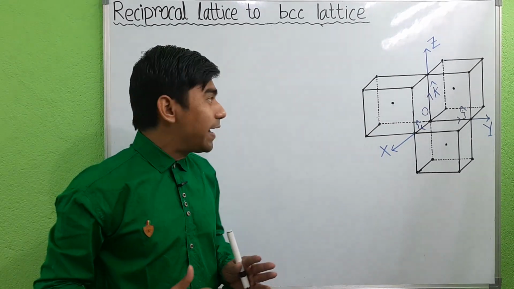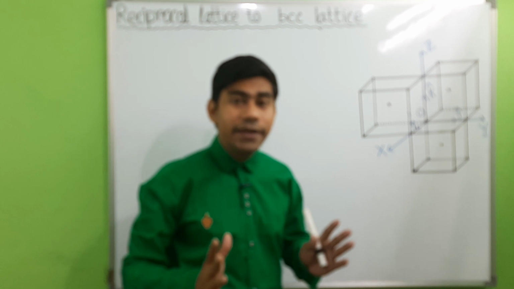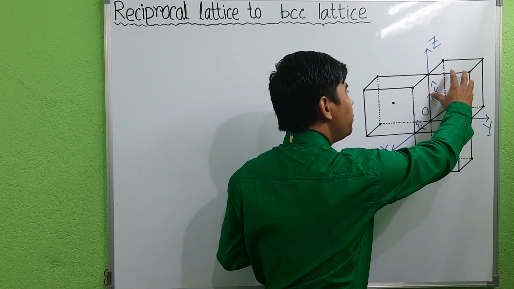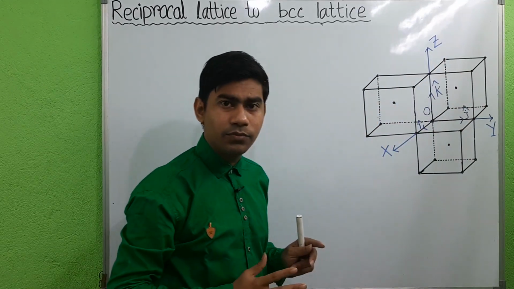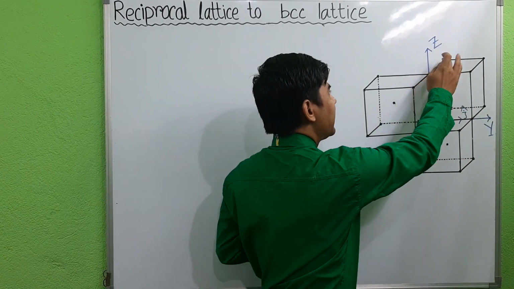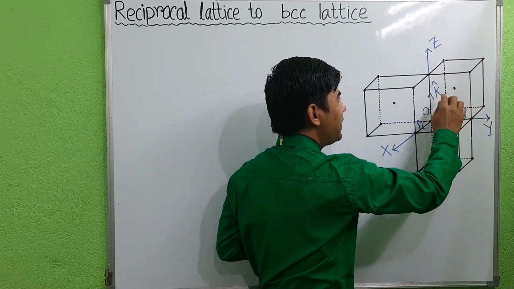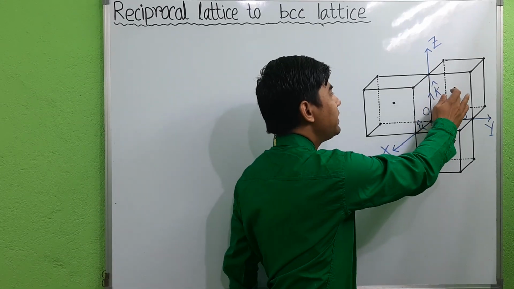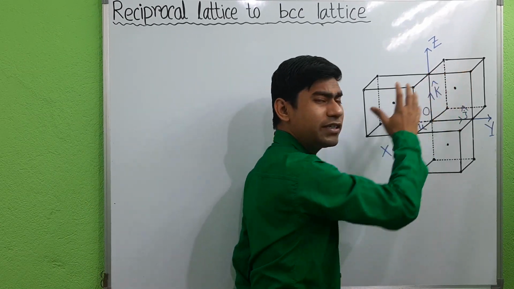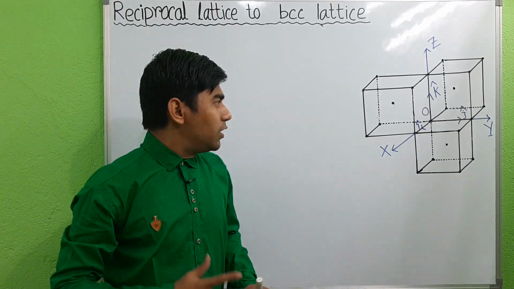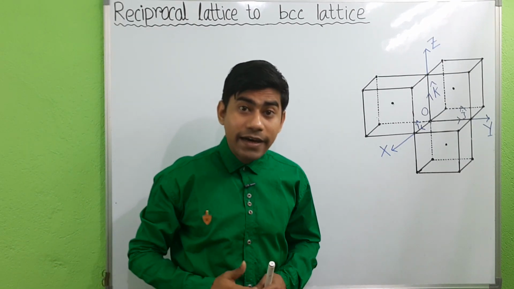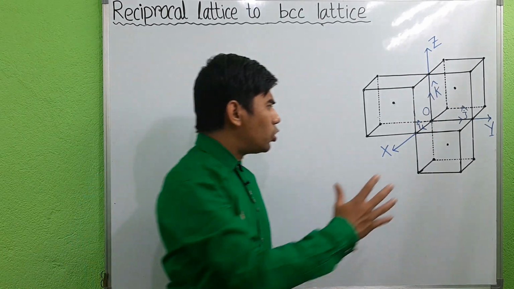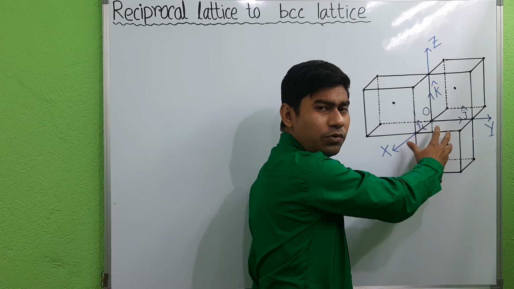Now we consider another body centered cubic primitive unit cell. Here 8 lattice points are at 8 corners and one lattice point is at the middle point of this cube. Now we consider another BCC primitive unit cell.